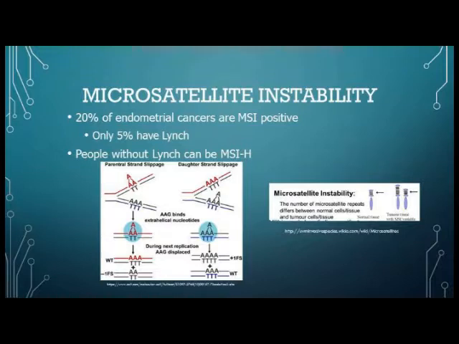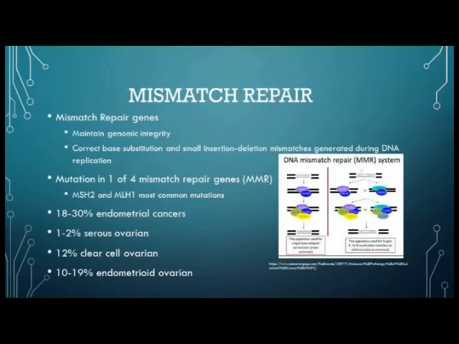We'll talk about the 4 genes of mismatch repair, but one gene, PMS2, doesn't follow the rules as much. PMS2 has less incidence of microsatellite instability than all the other MMR genes. All right, so mismatch repair. Mismatch repair genes help repair problems within the genome that happen when things get copied wrong.